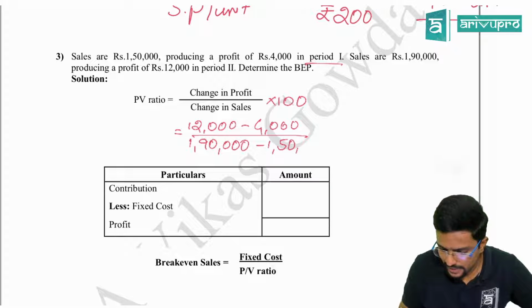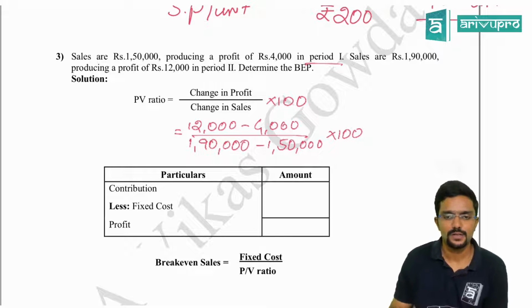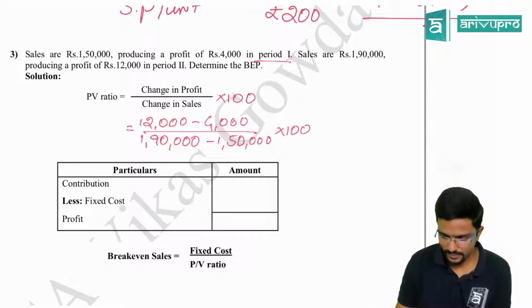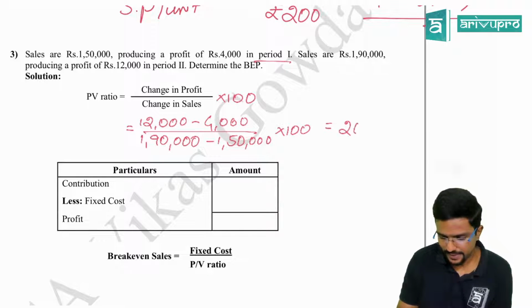So in the numerator I have calculated change in profit and in the denominator change in sales. So it will be 8,000 divided by 40,000. 8 divided by 40, into 100. Is it 20%? Okay, let me write the answer. 20%.